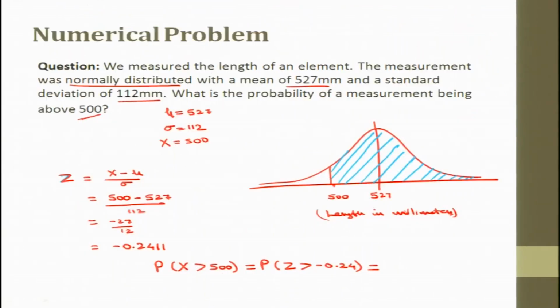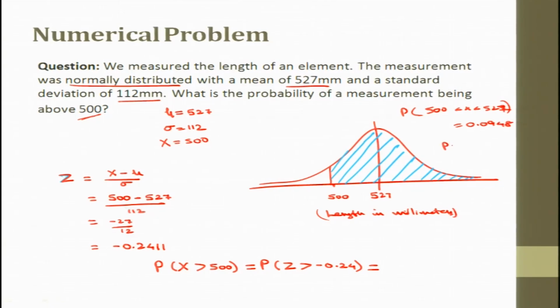0.948. But what do we need in the question? We need this complete area. Now, this area from 500 to 527, the area is, so this is 0.0948.